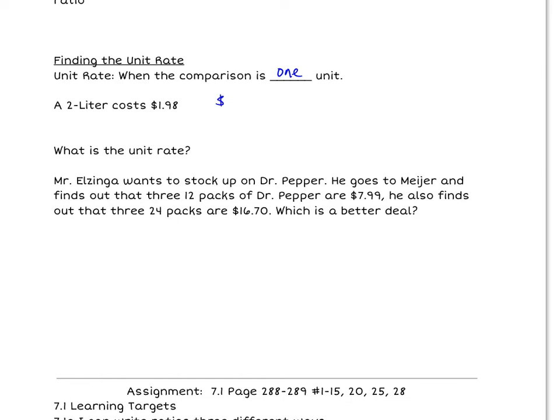Finding unit rates is very simple. You take your dollar amount, so in this case $1.98, and you divide it by how much you have. In this case we have 2 liters. So on your calculator you would do $1.98 divided by 2, and you would get 0.99. So the unit rate for this one we would say is 99 cents per liter, or if you wrote it, 99 cents over 1 liter.